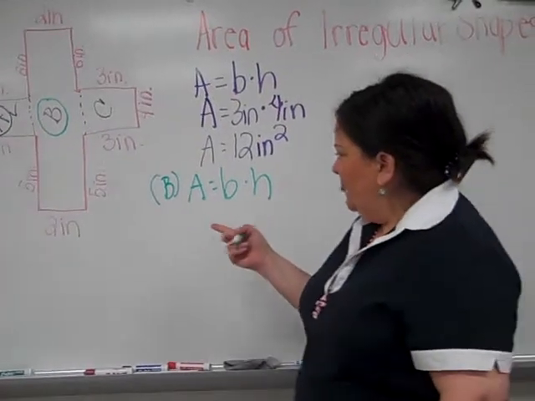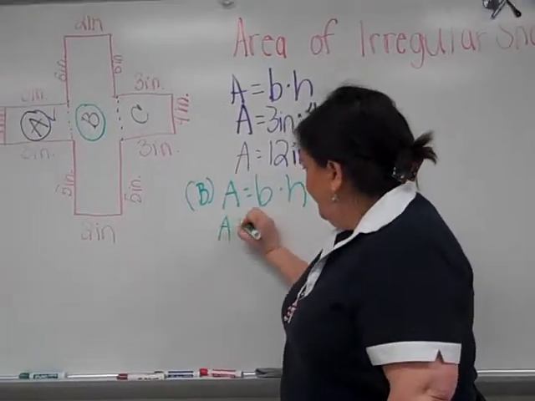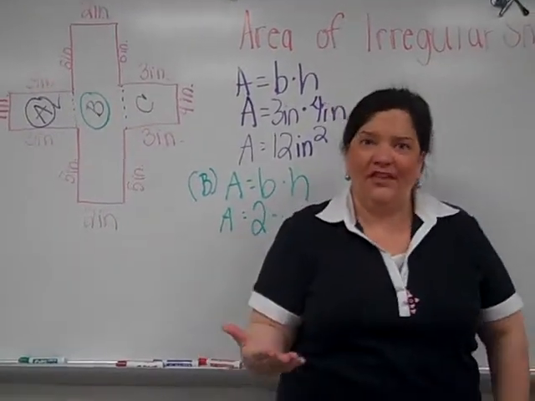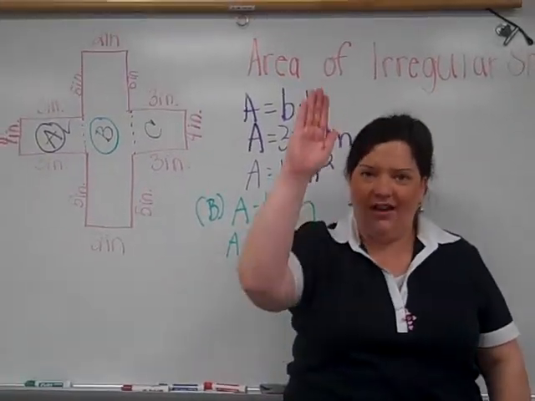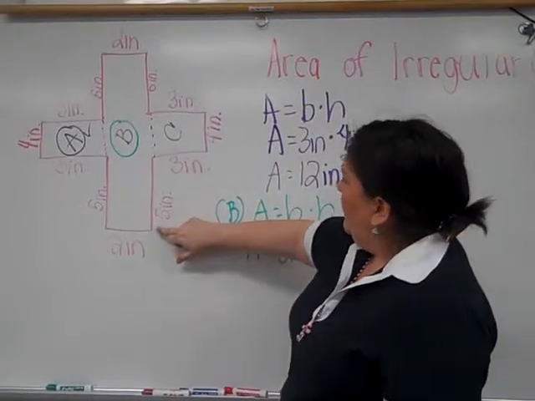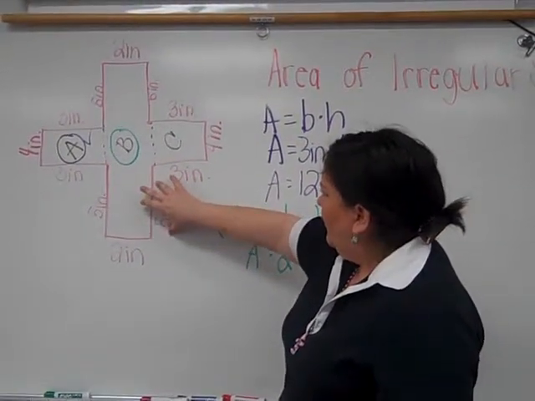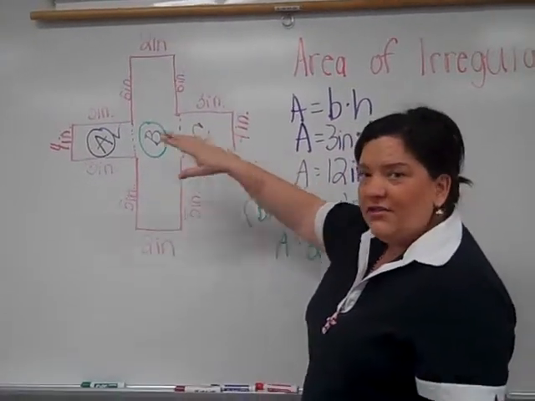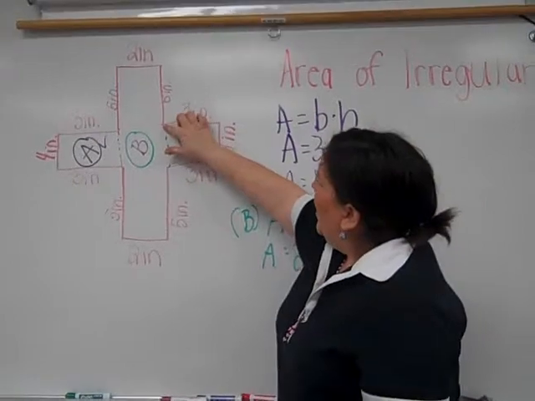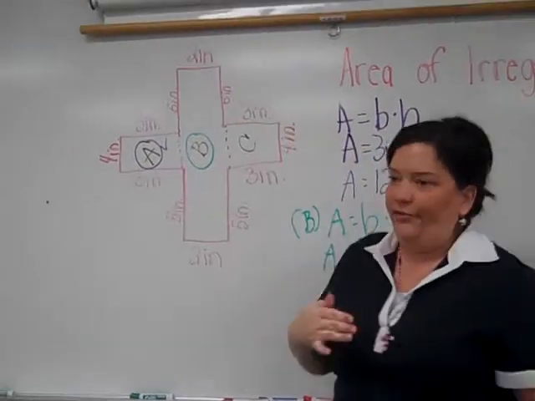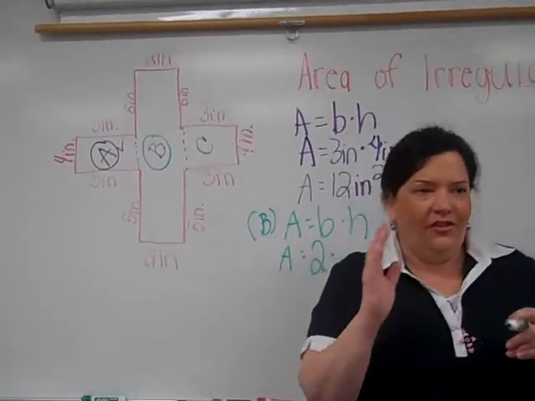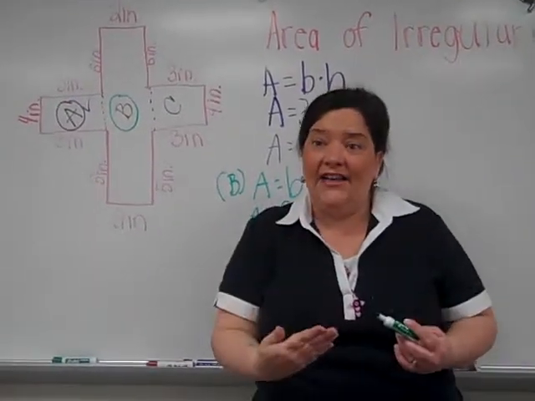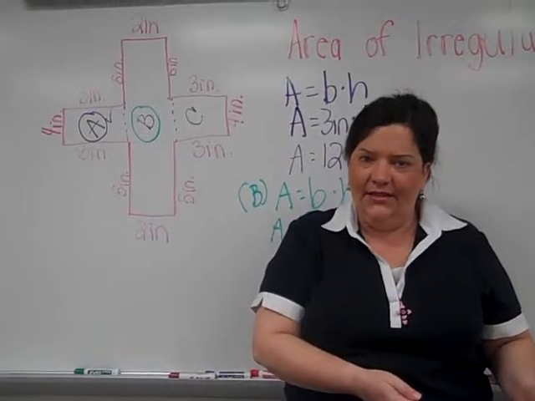We're going to plug in the measurements of the base, which is 2. And we're going to have to use the information given to us to figure out the height. So here we have a measurement of 5, and from here to here is 4, so that's 9, and then 9 plus another 5 is 14. So you have to use the measurements they give you if it's not given explicitly.